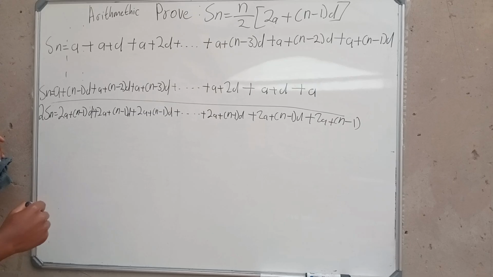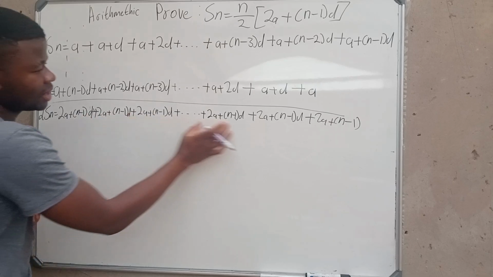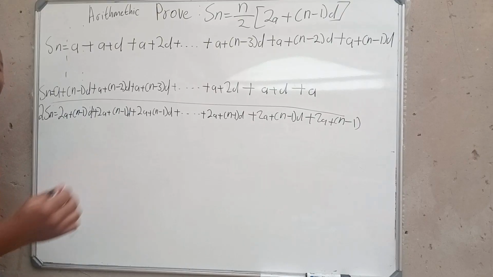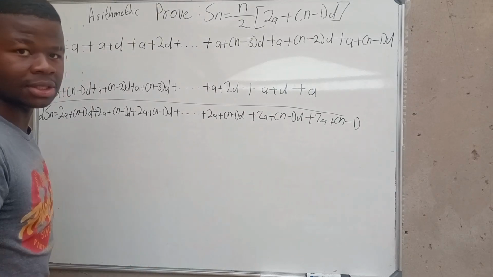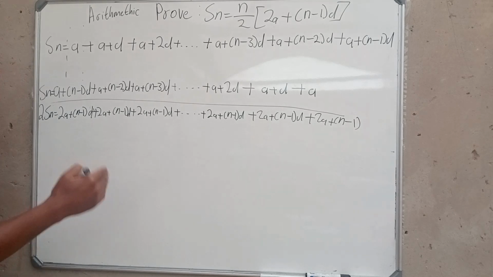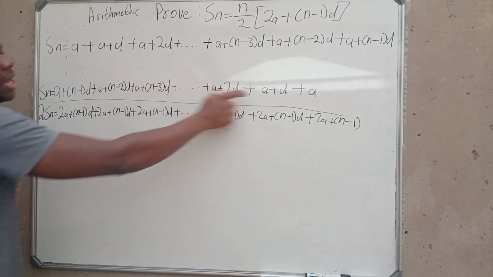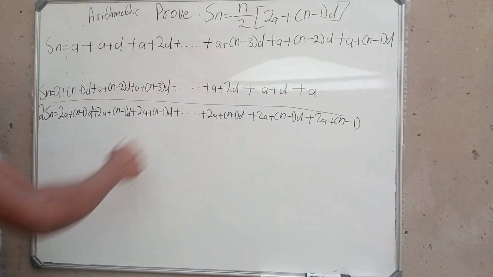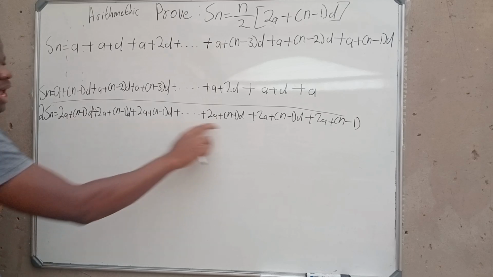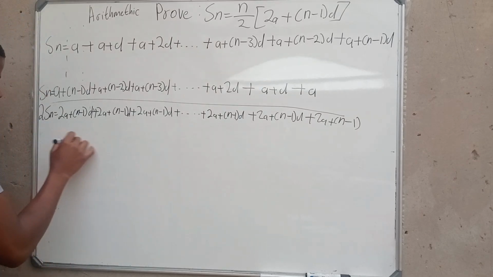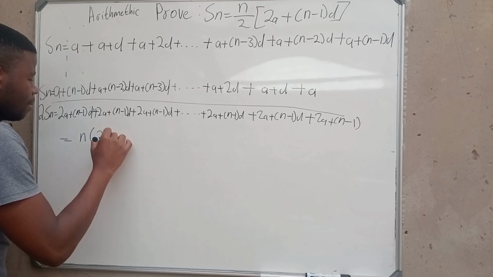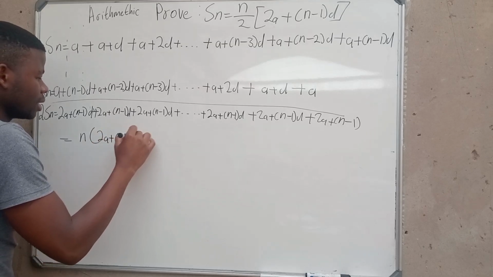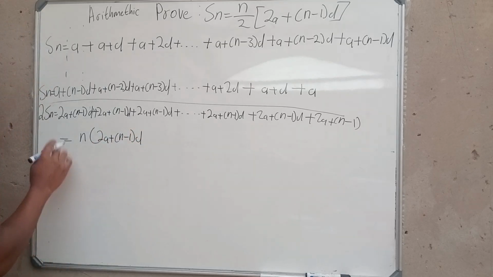You get it? So for me to have these things, I must have n terms in the sequence. It depends on how many of these things I have here. So I'm going to add these things. It's going to be n times 2a plus n minus 1d.